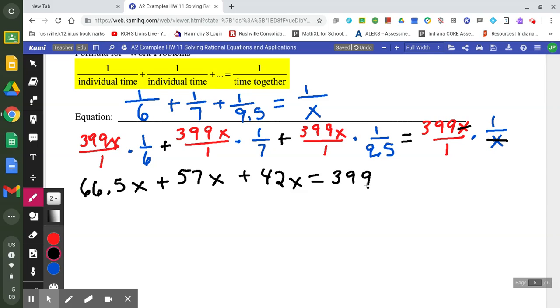So now I'm going to add together my 66.5 plus 57 plus 42. So now I have 165.5x equals 399. I'm going to divide by 165.5.